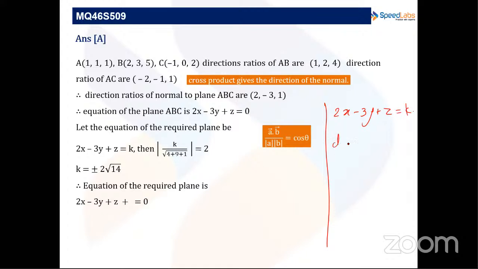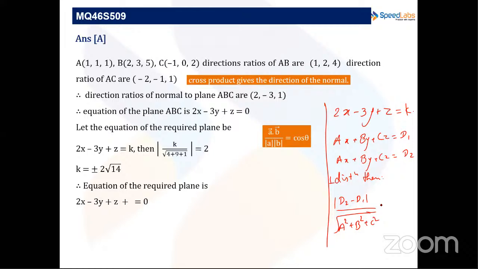So distance between the parallel planes: if we are having the parallel planes ax plus by plus cz equals to d1 and ax plus by plus cz equals to d2, then the perpendicular distance between them is given by mod of d2 minus d1 upon under the root a square plus b square plus c square.